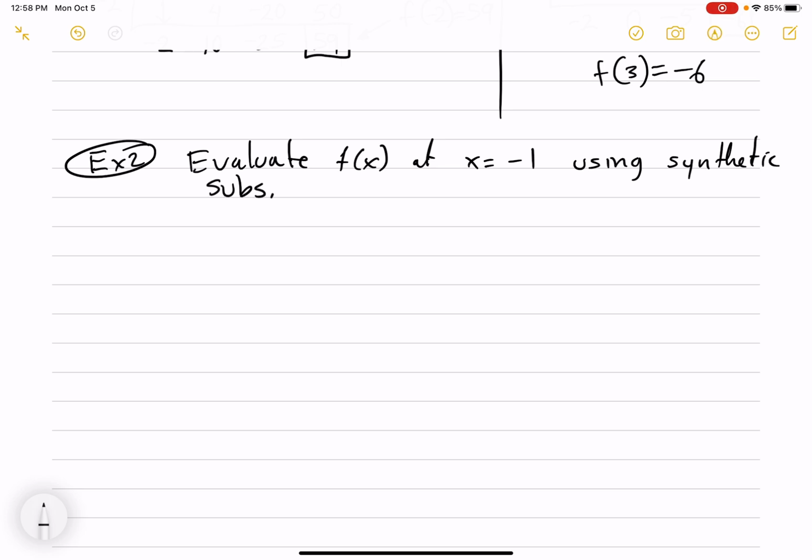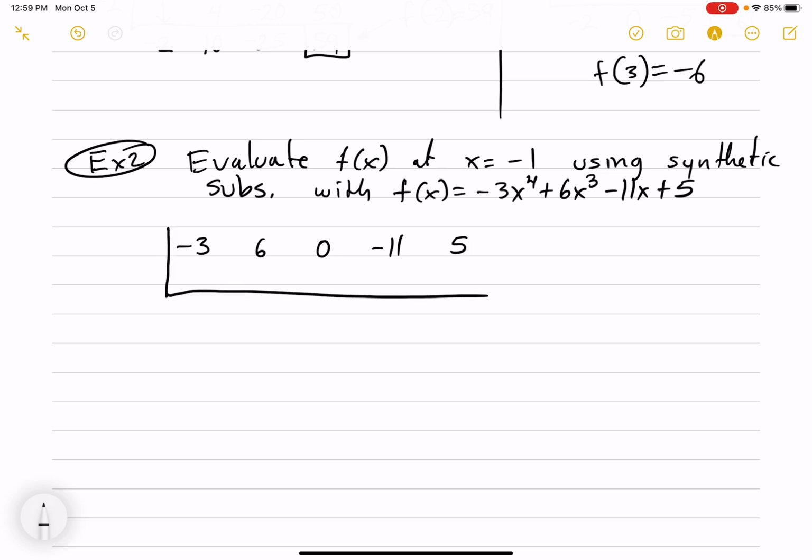Okay, so with f of x equal to, let's say, -3x to the 4th plus 6x to the 3rd minus 11x plus 5. Since we're going to use synthetic substitution, we need to go ahead and leave zeros for the missing exponents. So we write -3 for the x to the 4th, 6 for the x cubed, 0 for the x to the 2nd power because we don't have any, -11 for the x, and 5 for the constant term, the number with no x's.